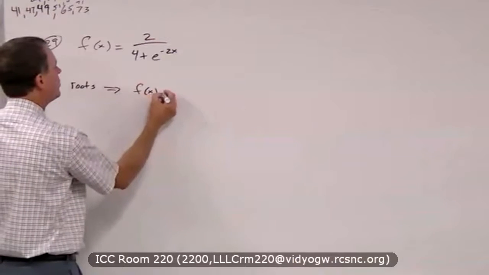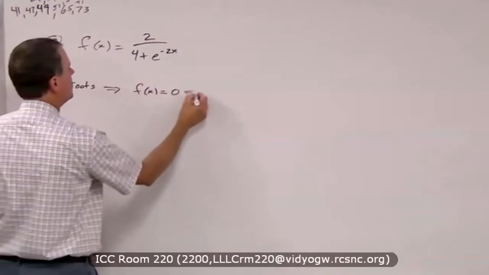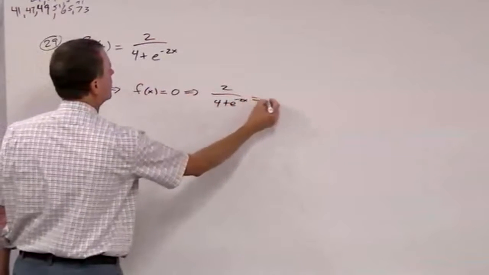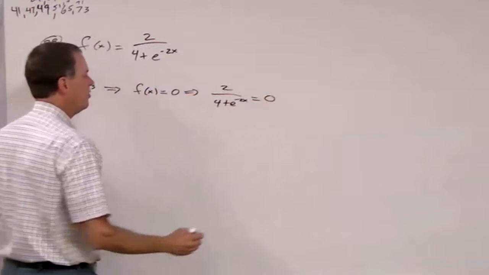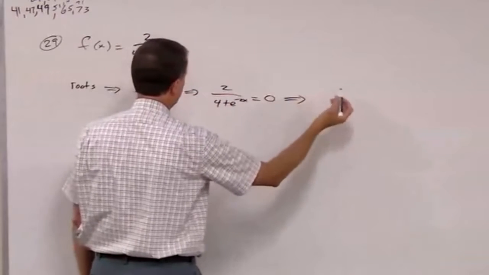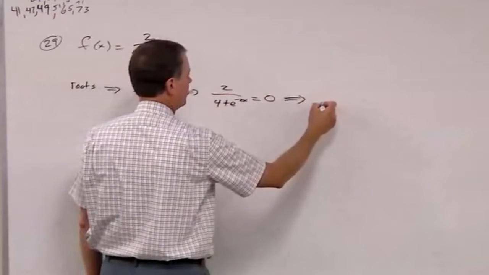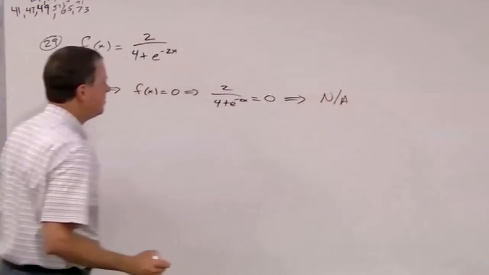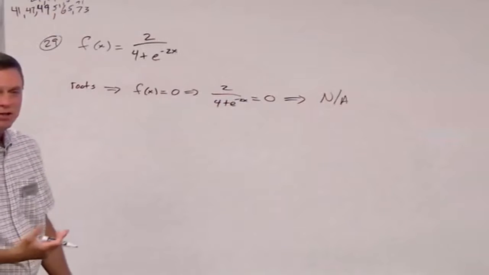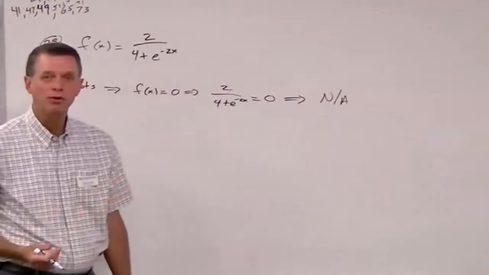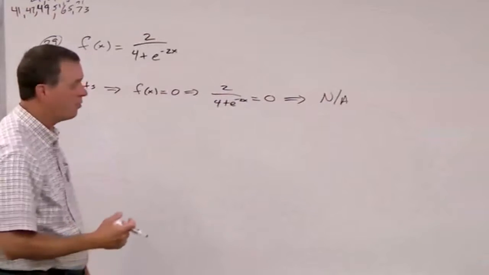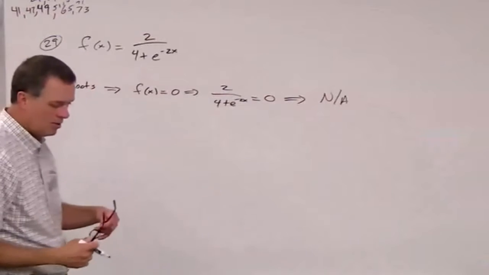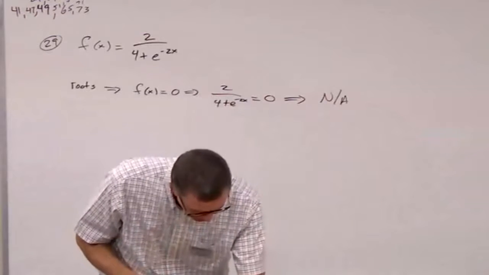It means f of x has to equal 0, which means that 2 over 4 plus e to the negative 2x has to equal 0, which doesn't happen. The only way that fraction is equal to 0 is if the numerator is equal to 0. The numerator is never going to be equal to 0 because the numerator is always 2. So no roots. Okay. What's next?